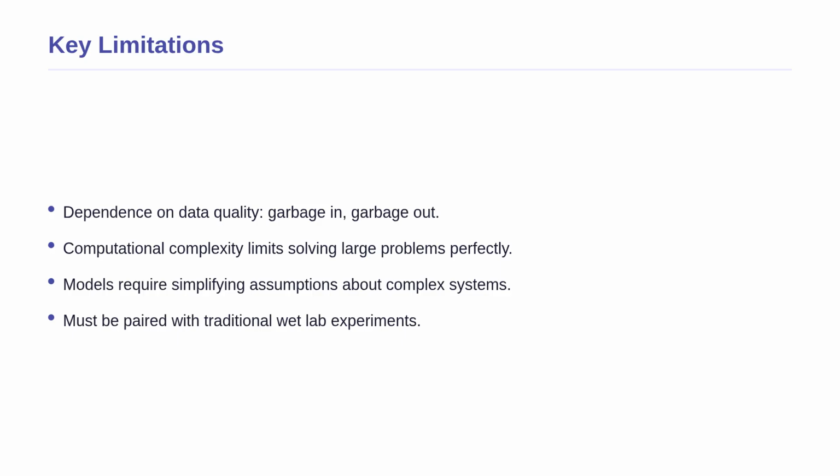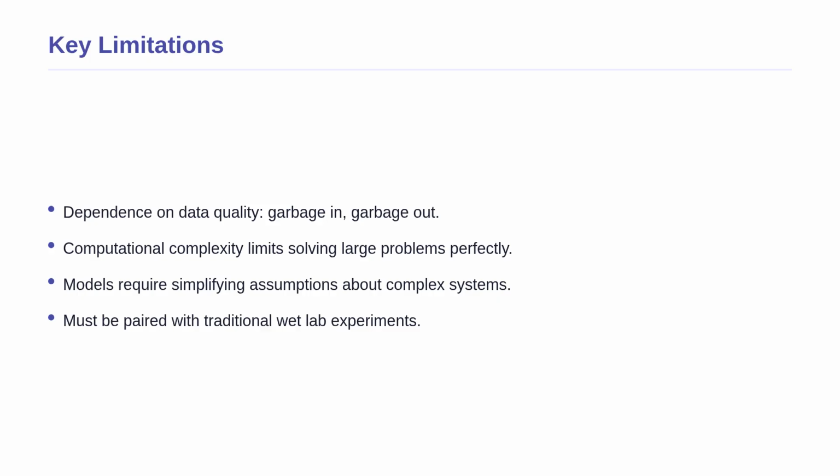This brings us to the specific limitations of relying on computational methods. One major limitation is the dependence on data quality. If the input data from biological experiments is flawed or noisy, the computational predictions will also be flawed, a concept known as garbage in, garbage out. Another limitation is computational complexity.